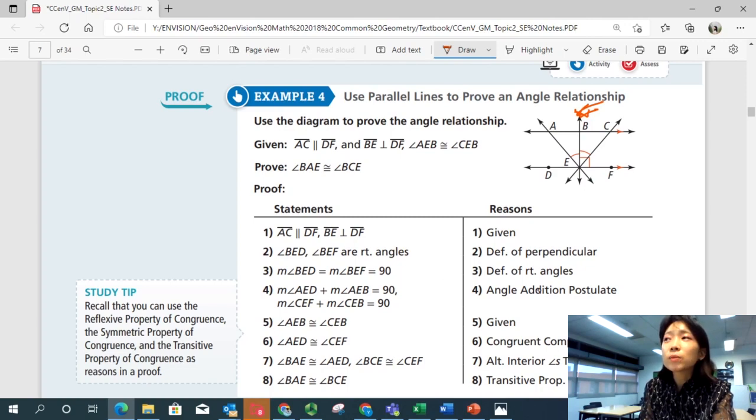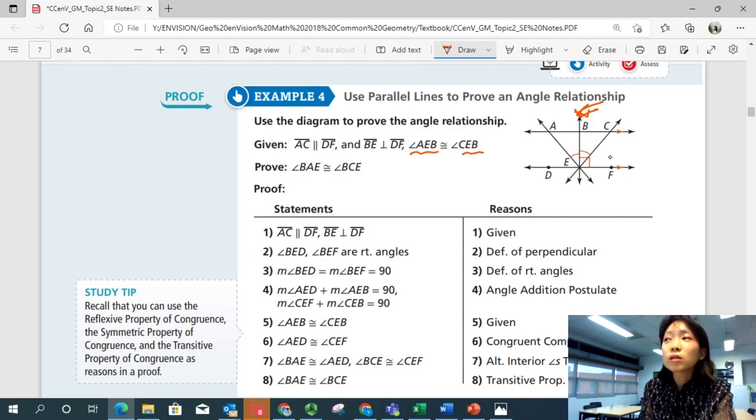And then by angle addition postulate, AED plus AEB would be 90. And then CEF and CEB would add up to 90 as well. But we know that AEB and CEB are congruent, right?